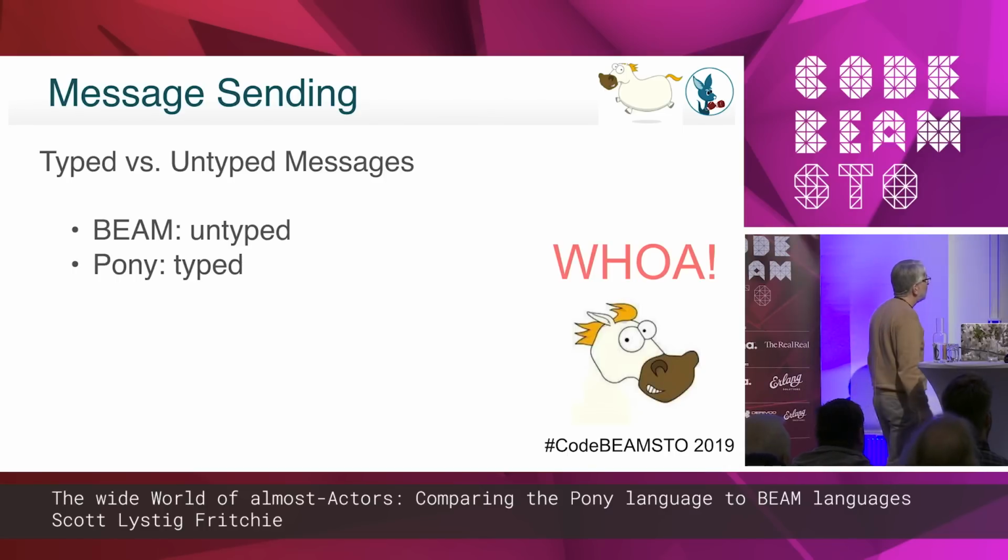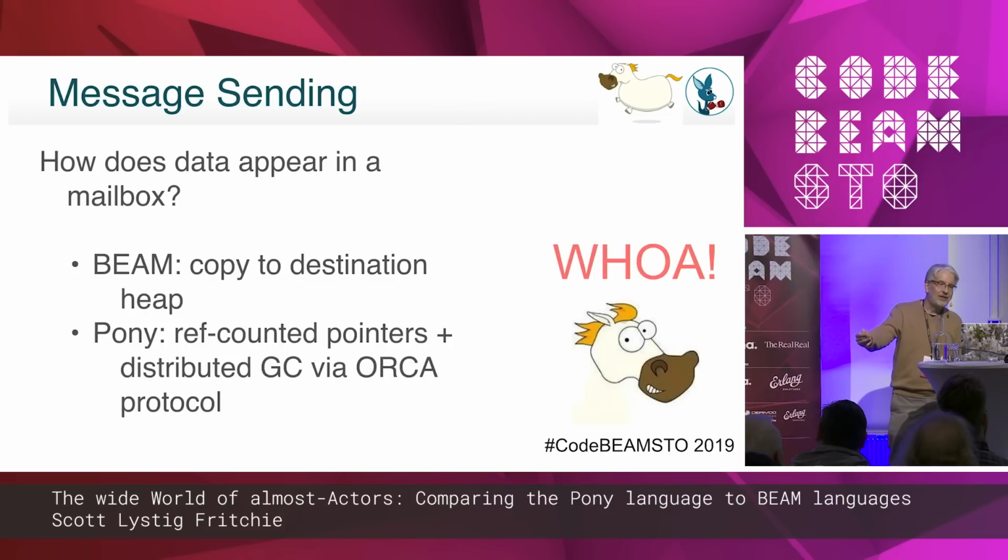All right. So how does data appear in a mailbox? Again, here's a difference I talked about earlier: with Beam, there's copying happening to the destination heap. There's a lot of optimizations and special cases in the implementation of the Beam, so that the data doesn't go directly into the destination heap, but it eventually gets there. In Pony, they're reference counted. If there are questions about how that works, if I went too fast or omitted some details, please let me know in the Q&A.